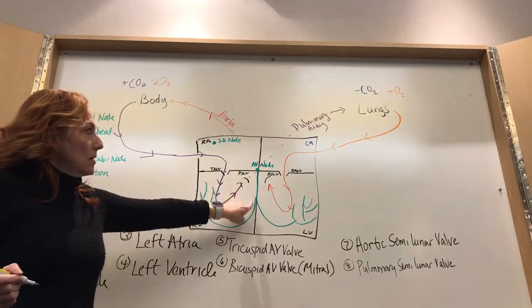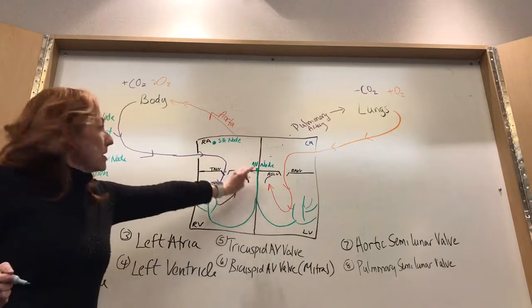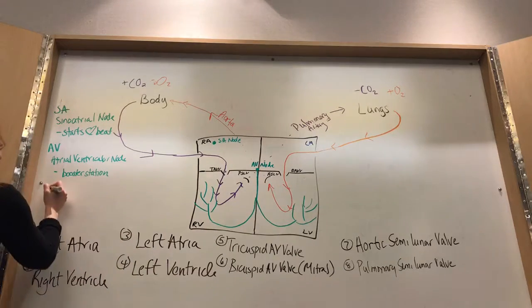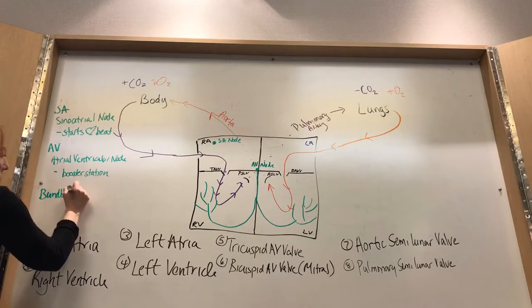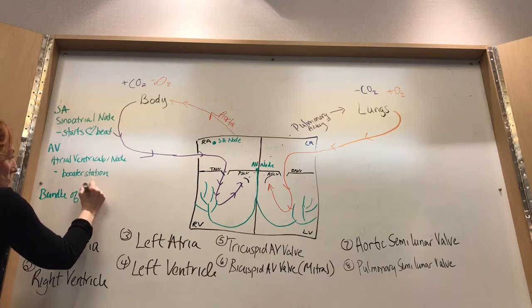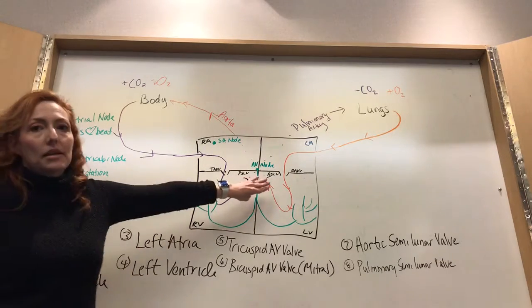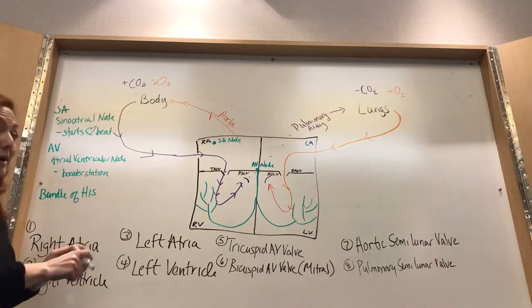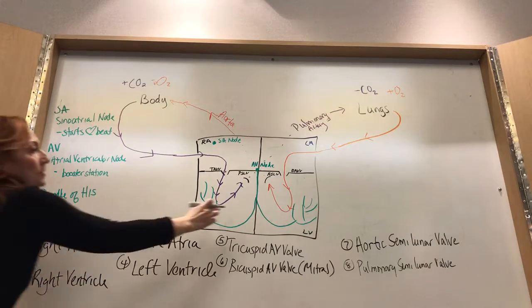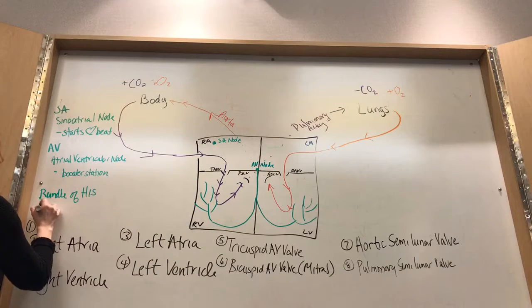And then the big long part here, this is the bundle of His. His is the name of the person who identified this wiring in the heart, so to say. And then the left and right bundle branches.